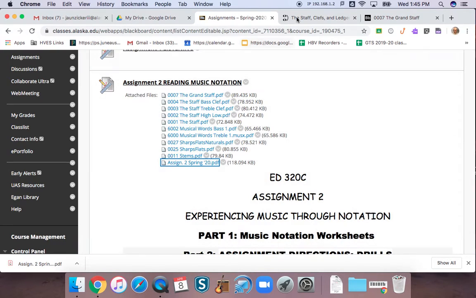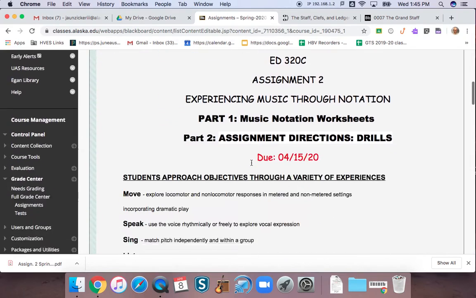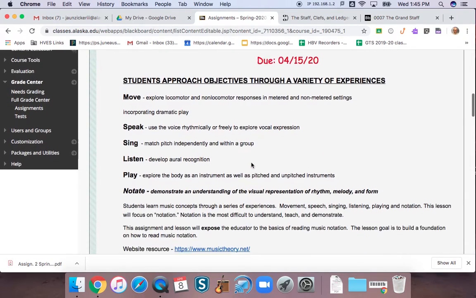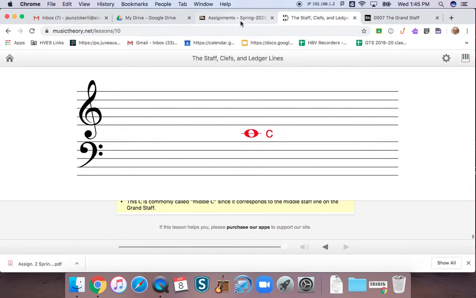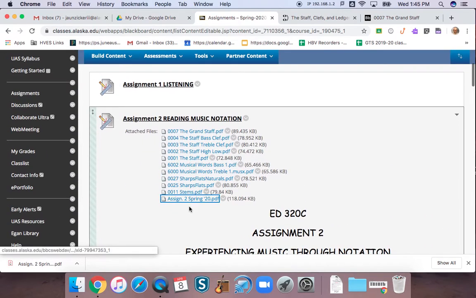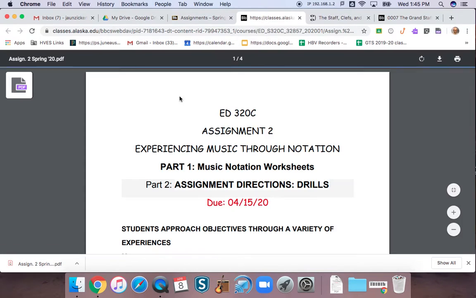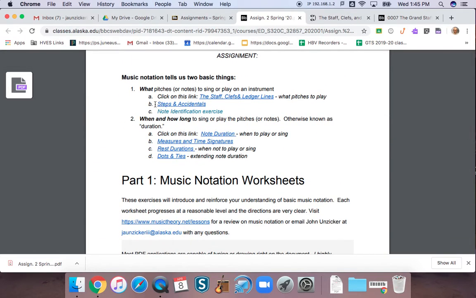Now I'm going to go to the next link in my assignments. Oh, did I lose my... Oh, nope. I'll just go back here again. I think I messed this up. There we go. Get that back. I like this version better. Okay, now steps and accidentals.